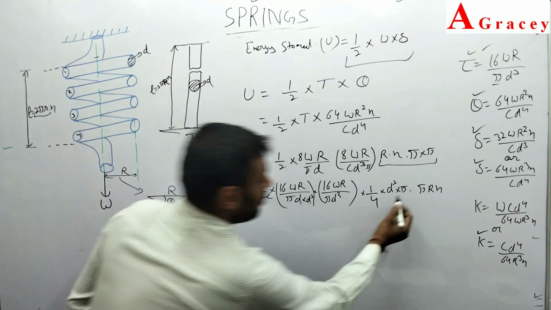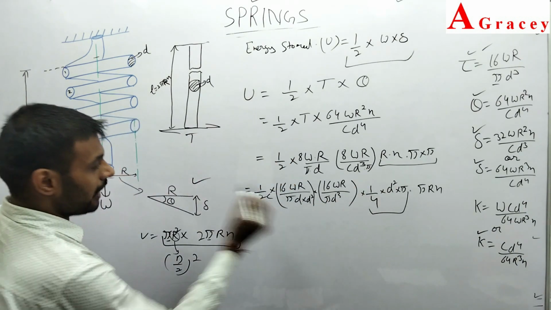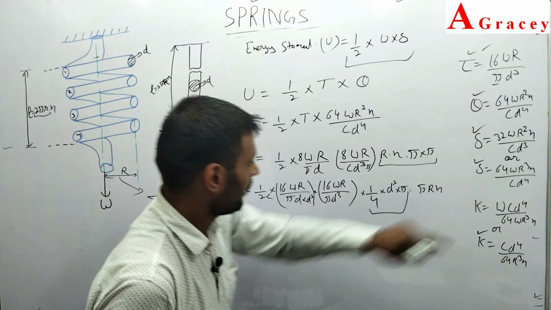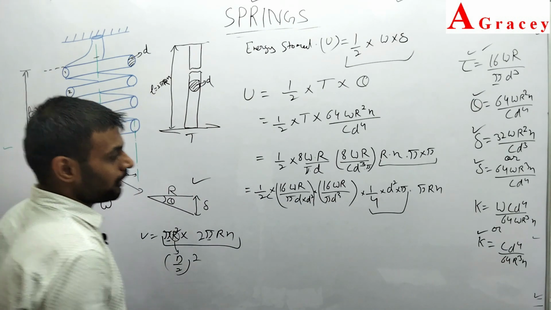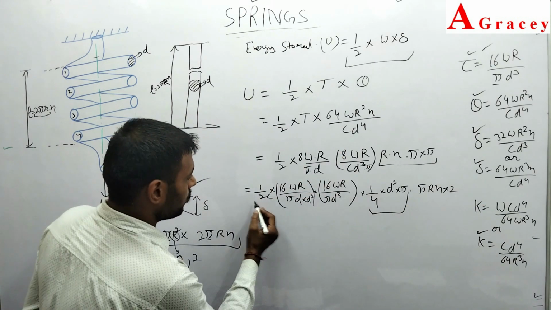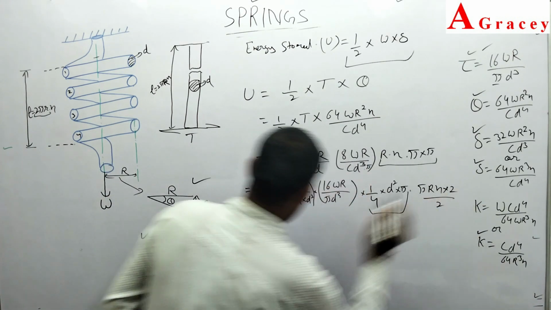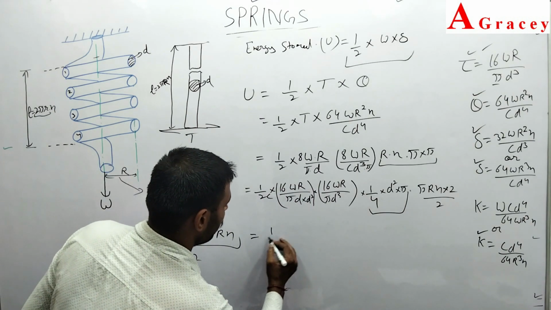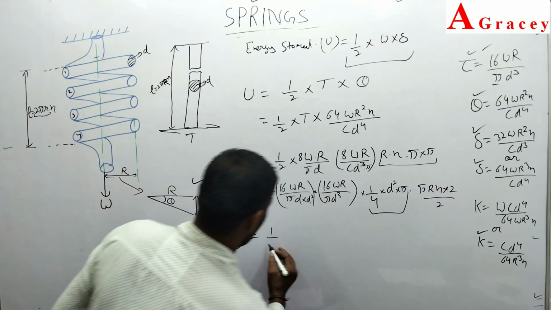So this will become an area, and you need 2 pi r n. So multiplying by 2, divide by 2. Further I can equate this 1 by 2, this 2 and this 2 is 1 by 4.